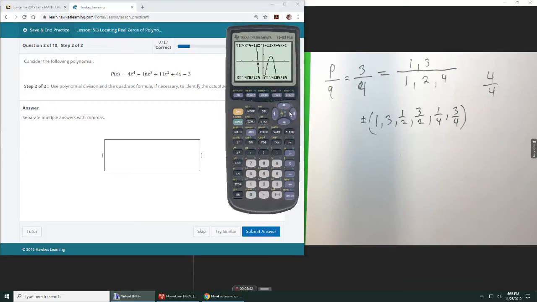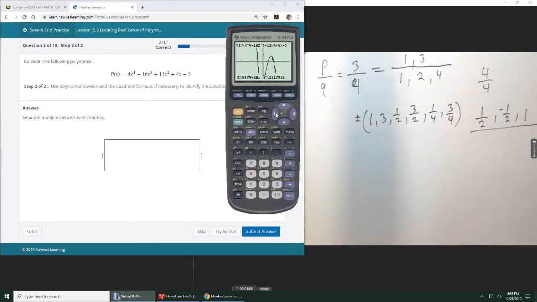And if I go to the other side, it looks like it's probably going to be positive 1/2. Looks like maybe negative 1/2 and a positive 1/2, and then this other one goes right over 1. So I'm going to write those down: positive 1/2, negative 1/2, and 1. Those are where it looks like it crosses the x-axis.